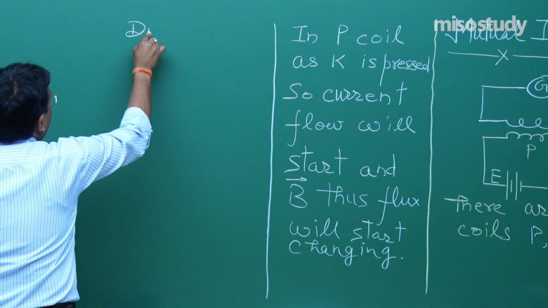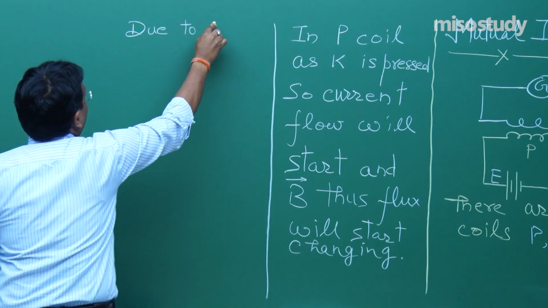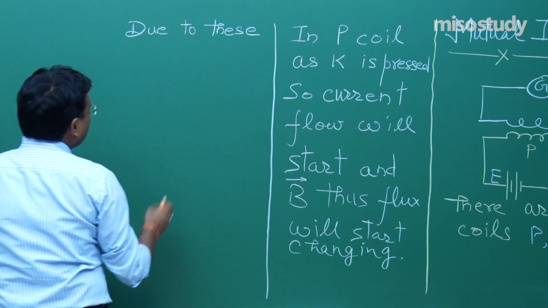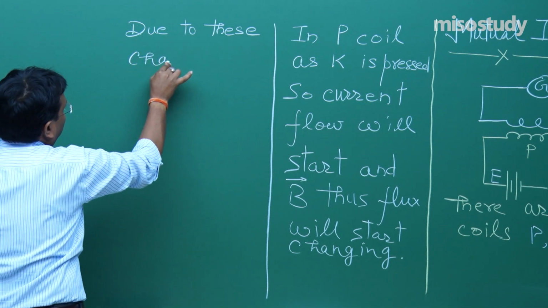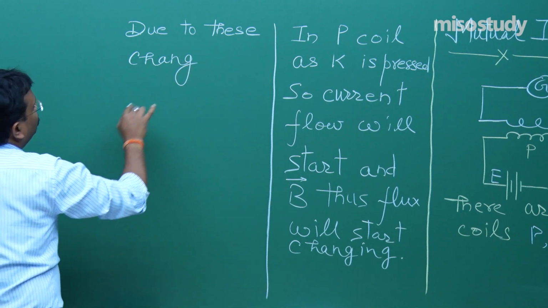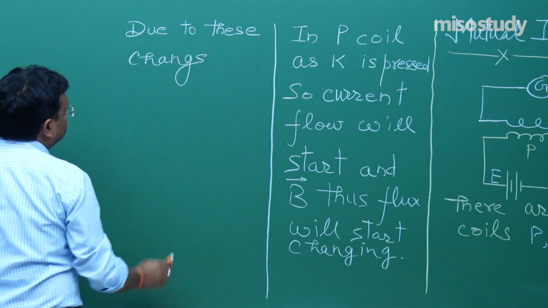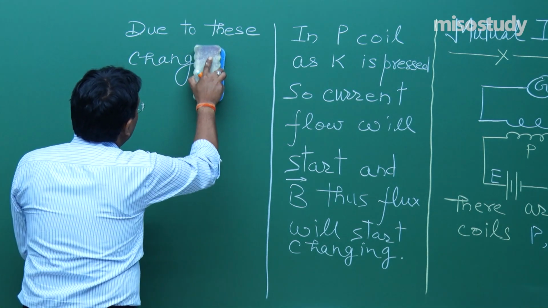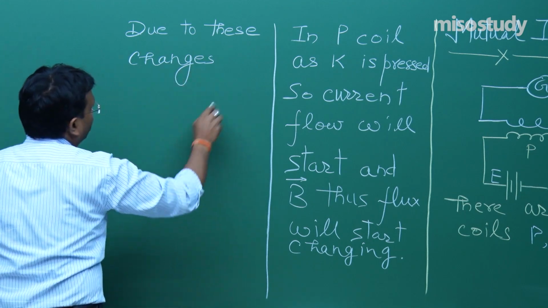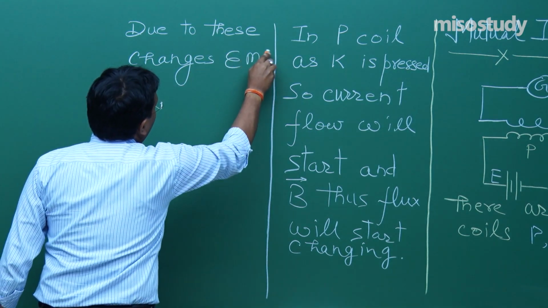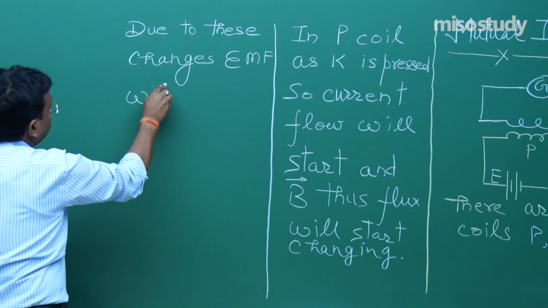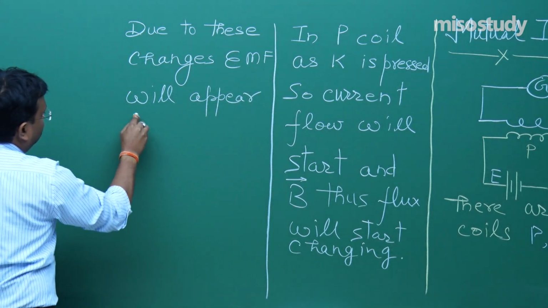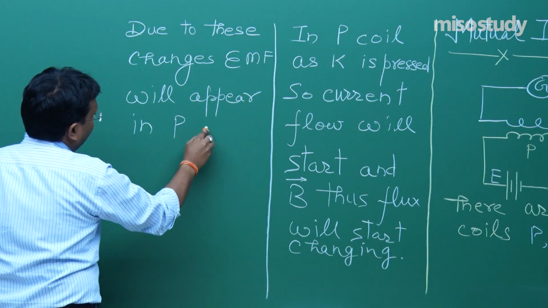So in totality, due to these changes, EMF will appear in the P coil.